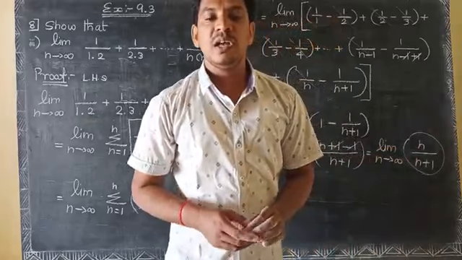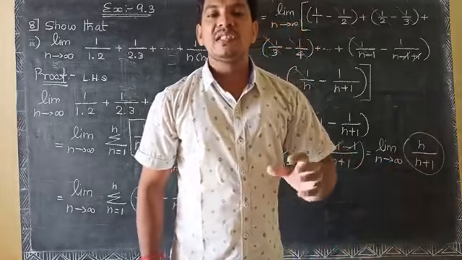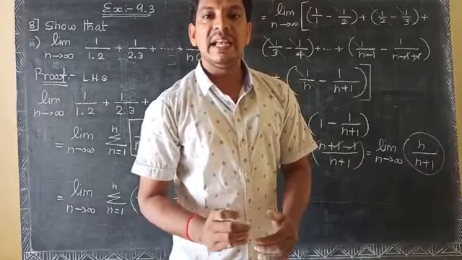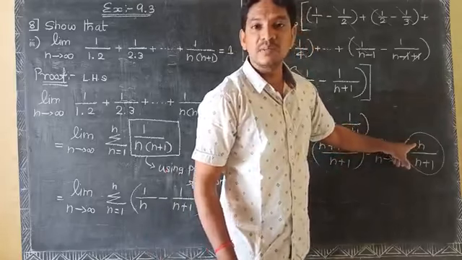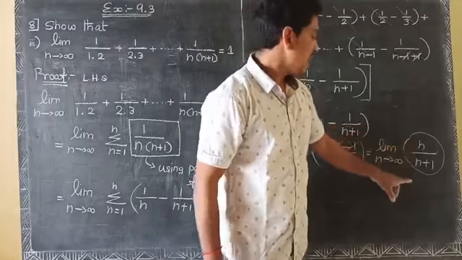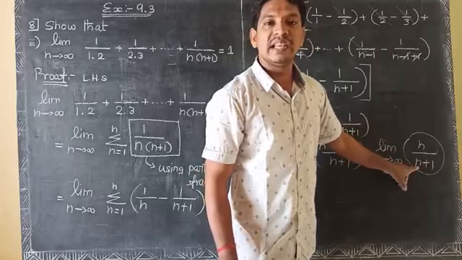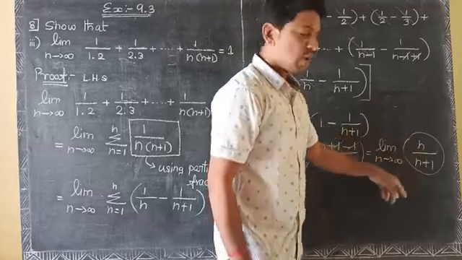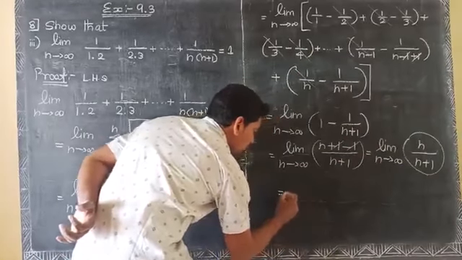The procedure for finding the limit of the given function is the coefficient of the highest degree of n in p of n divided by the coefficient of the highest degree of n in q of n, that is 1 divided by 1.